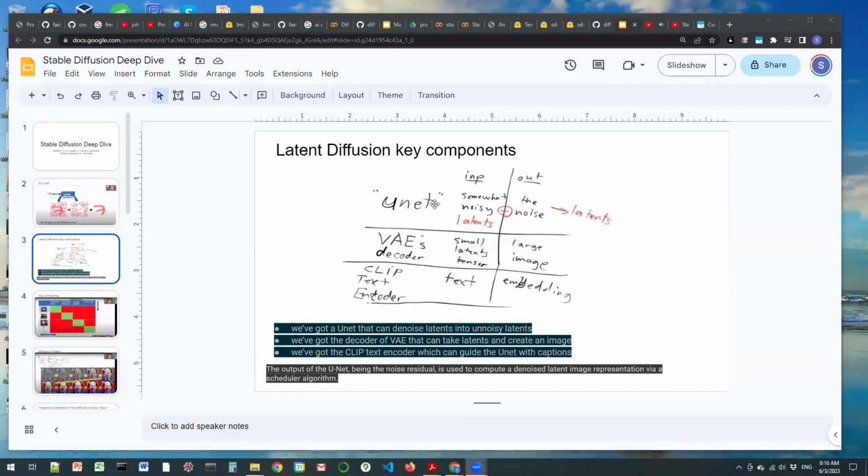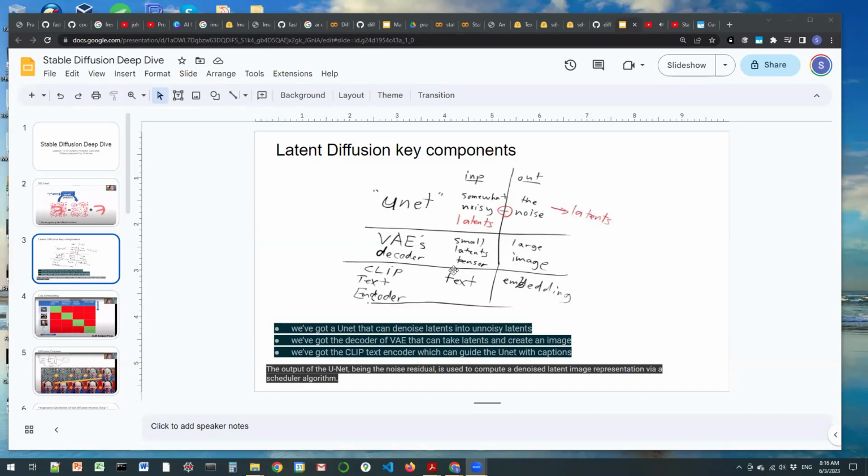So essentially, we have three components in the latent diffusion model, typically, along with a scheduler. The UNet has these inputs, somewhat noisy latents, and out come the latents. Then a VAE decoder, when we are doing inference, after going through a series of these reduction steps, and out come the latents from the UNet.